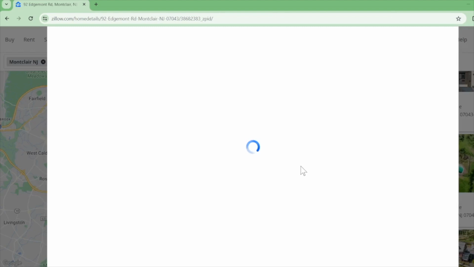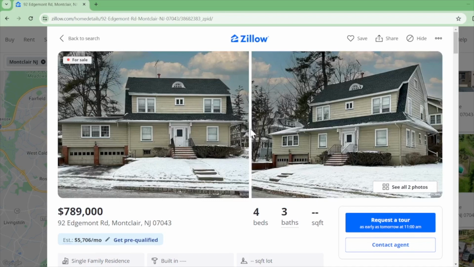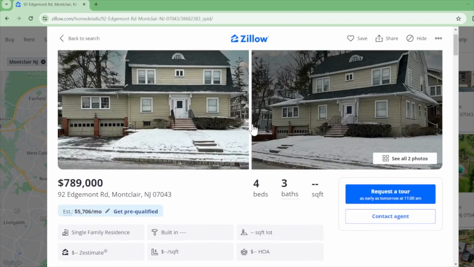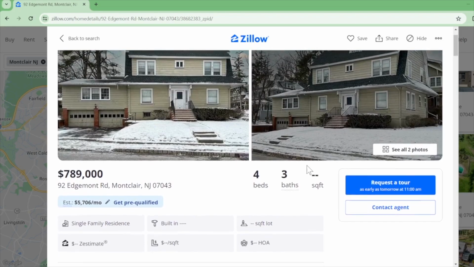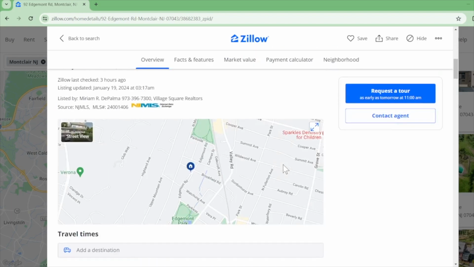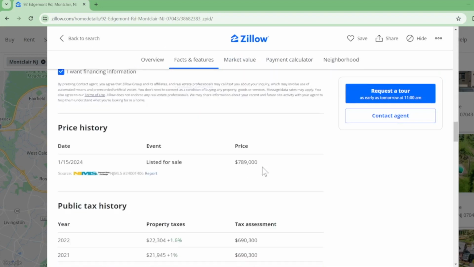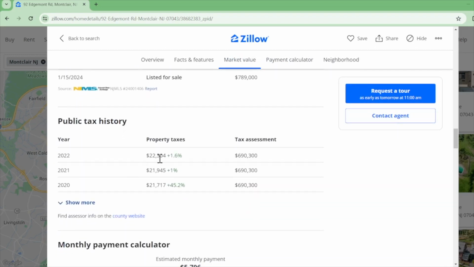The property taxes are going to be much, much higher in New Jersey. So this looks like it's a smaller house too. It's not giving me the square footage, but I want to show you something here. Go to property taxes. The property taxes on this house are $22,000 a year.